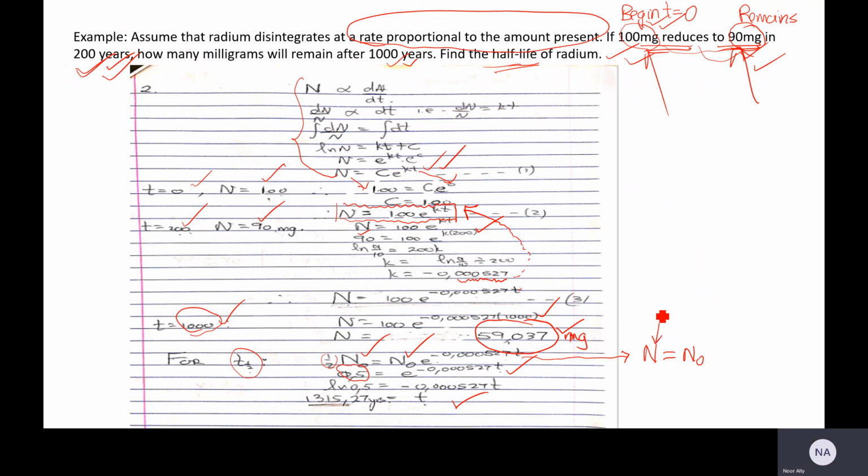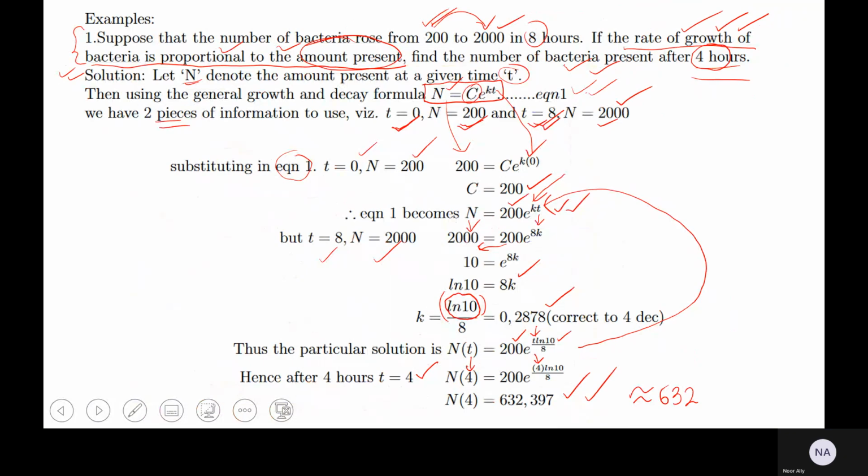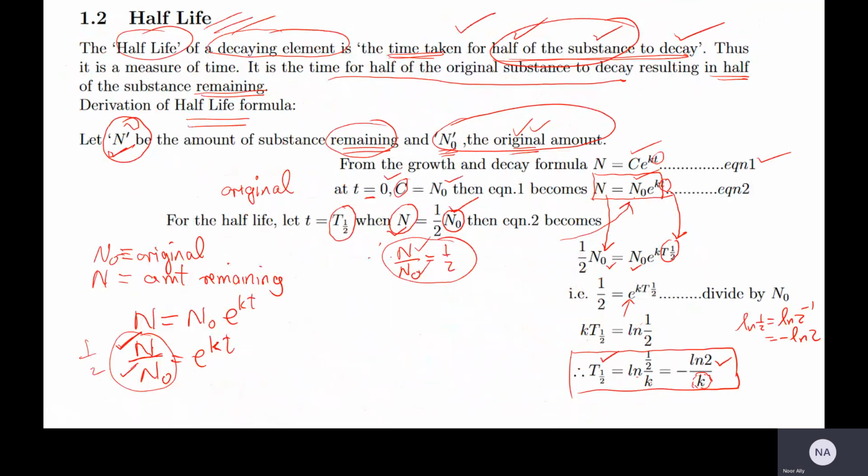That's the amount remaining. That's the original amount. We know this formula for half-life. We can go back to that formula. There you go. N is equal to N0 e to the power kt. I'm using that equation.